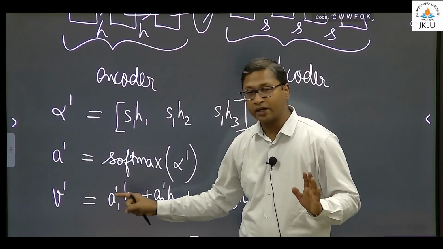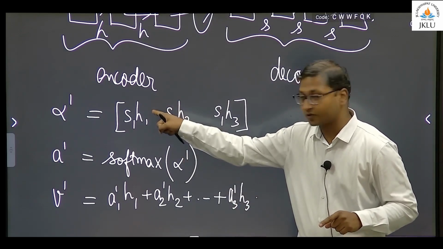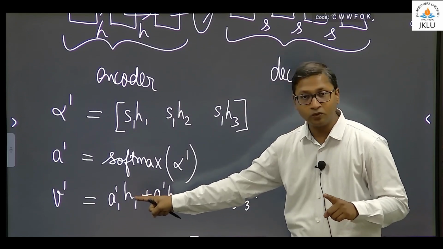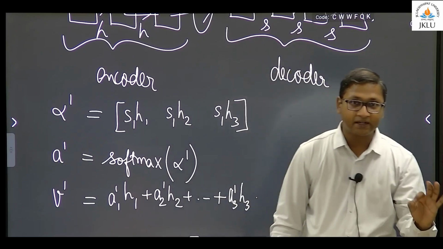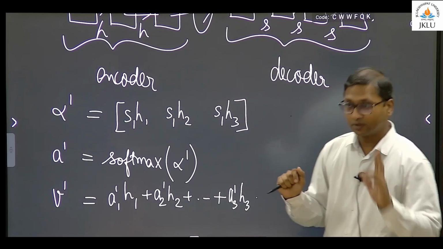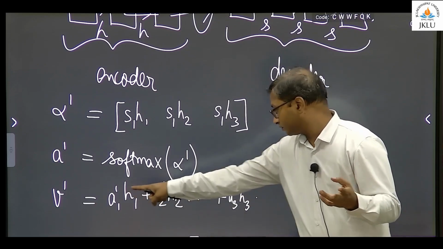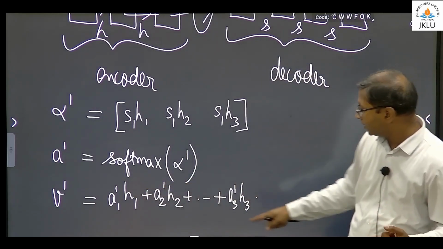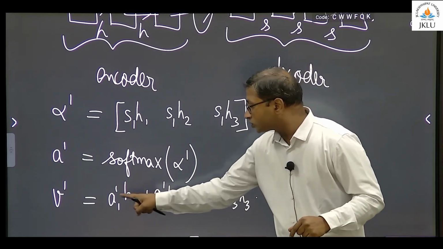What is A11? This comes from here, this comes from here. Are all A's strictly greater than or equal to 0 and lesser than or equal to 1? There is one more property, summation of A is equal to 1 for this whole thing, okay. So these A's, they will sum to 1. So what does this mean?